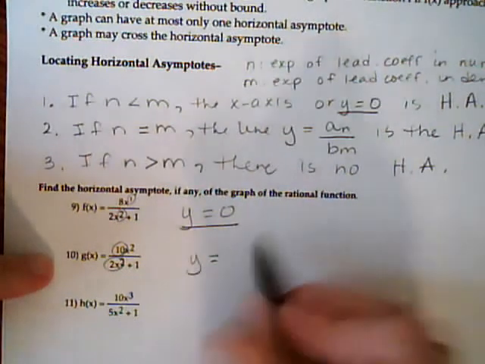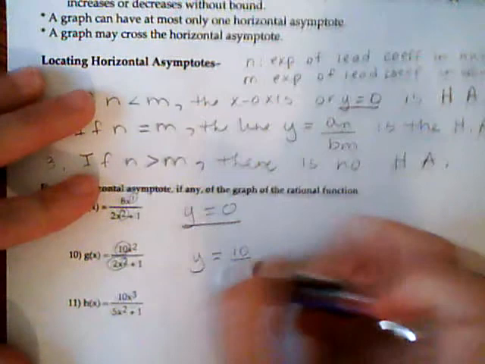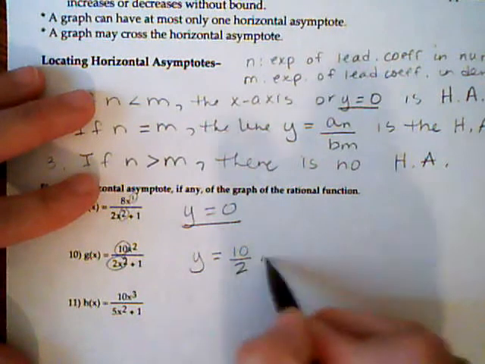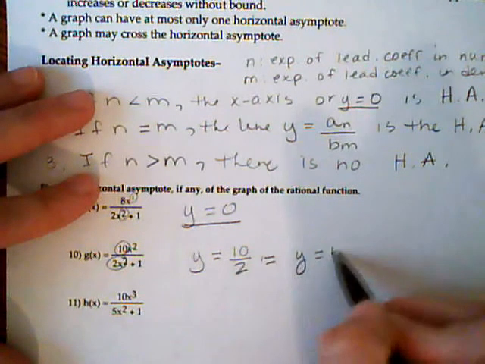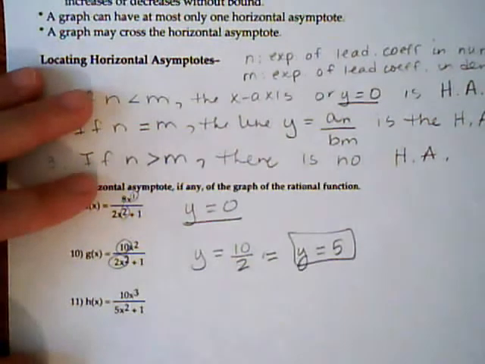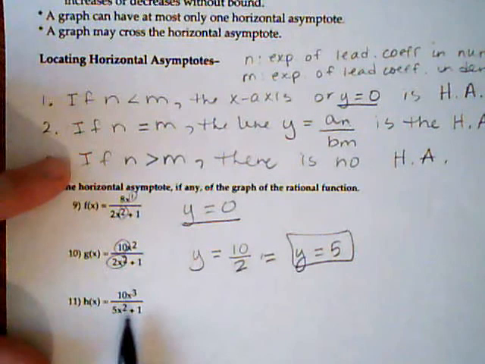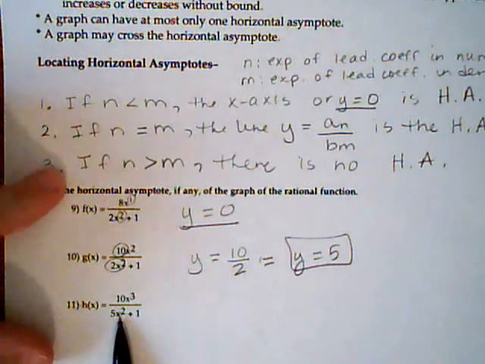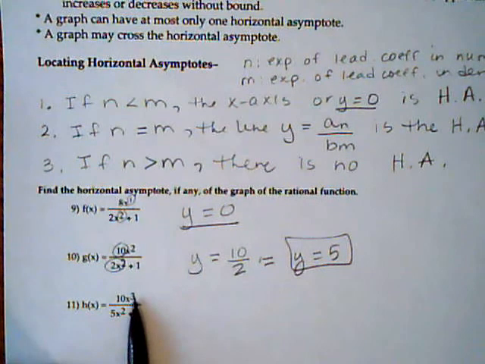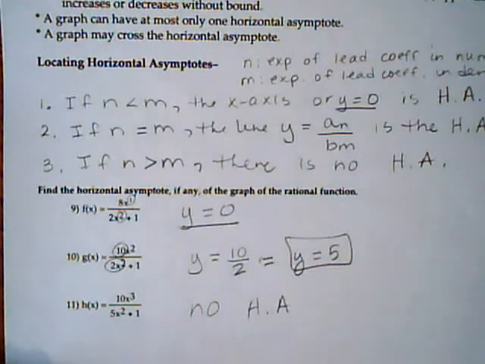The line 10 over 2, just getting ahead of myself, or y equals 5 is my horizontal asymptote. It's just that ratio there. And then the third choice is if n is greater than m, so I have a degree of 3 and a degree of 2, there is no horizontal asymptote for this graph.